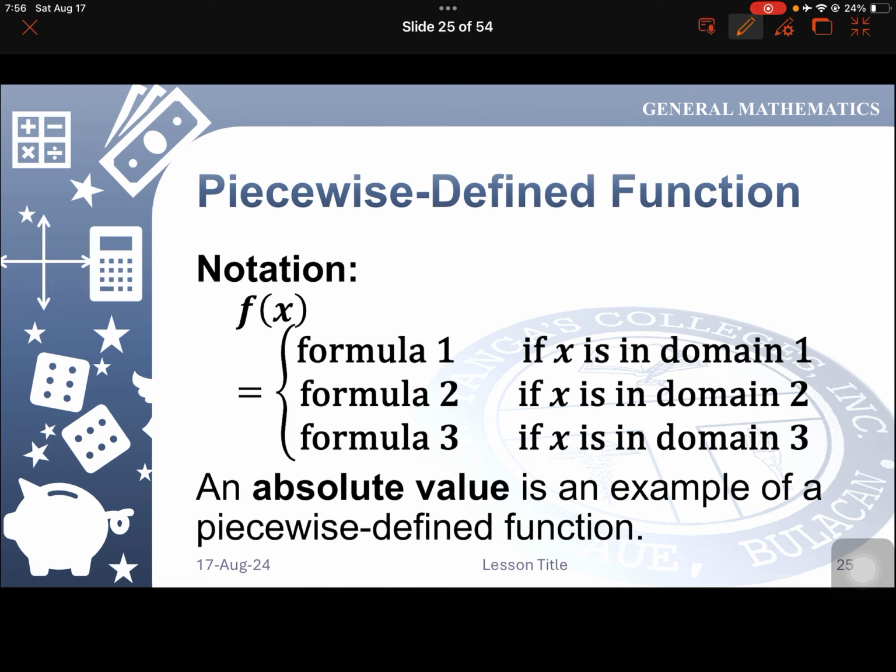And then another information is that an absolute value is an example of a piecewise defined function. So for example, we have f of x is equal to absolute value of x. And we know that for any value of x, f of x is always positive. So we can actually separate the values of x.